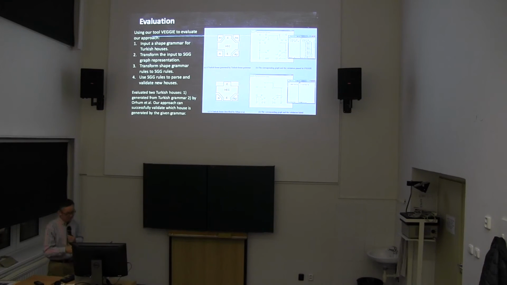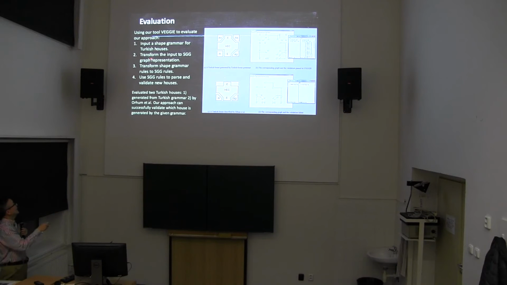So we did our initial evaluation using our tool called Veggie. Veggie is a tool that supports SGG parsing and generation in both directions, okay? And so that's also our software tool we developed ourselves. Basically, we input the shape grammar for the Turkish house, the grammar in the previous slide you saw.